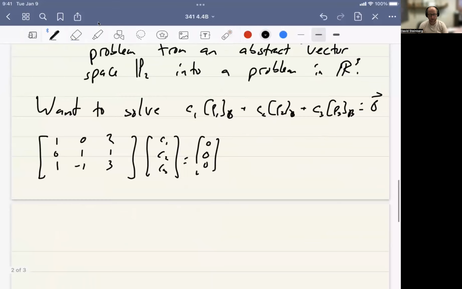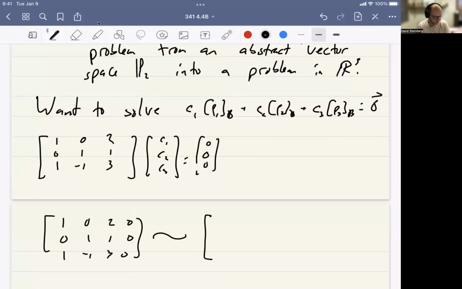So once again, we are row reducing a matrix. Like I said before, everything comes down to solving systems of linear equations. Okay, so we want to row reduce this augmented matrix, and I'll let you check that it reduces to 1, 0, 1, 0, 0, 1, 0, 0, 0, 0, 1, 0.